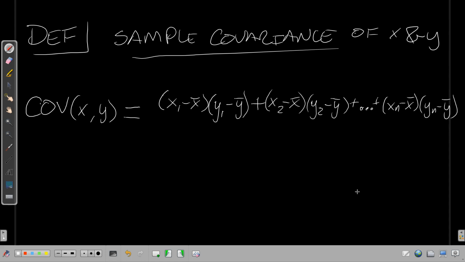And that's what our numerator looks like. The denominator is still n minus 1.